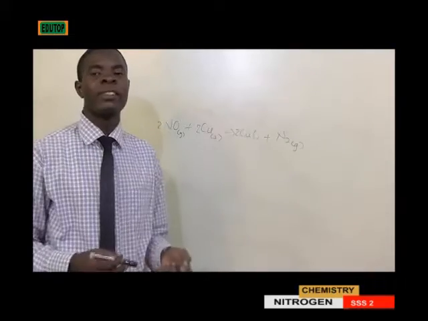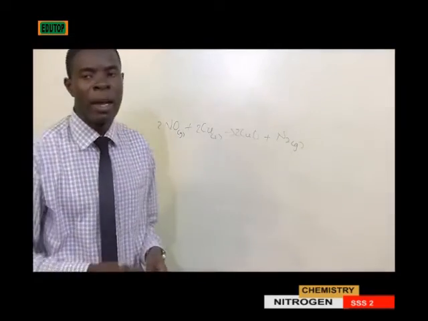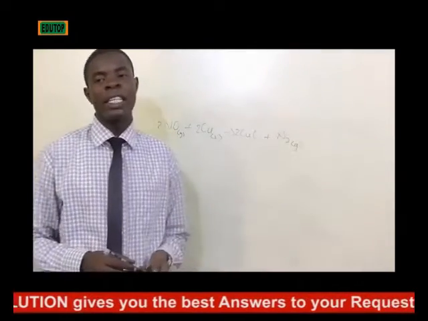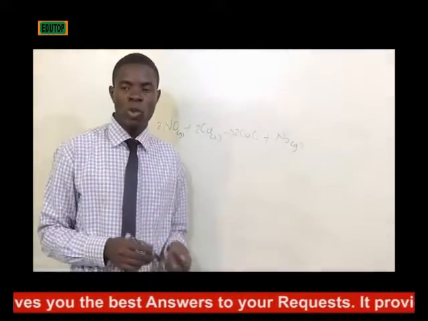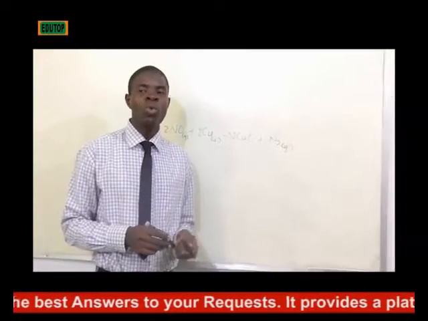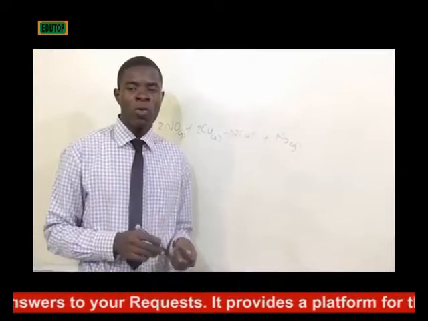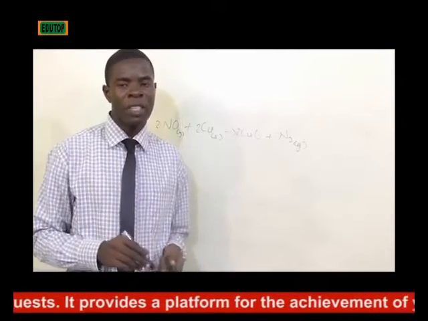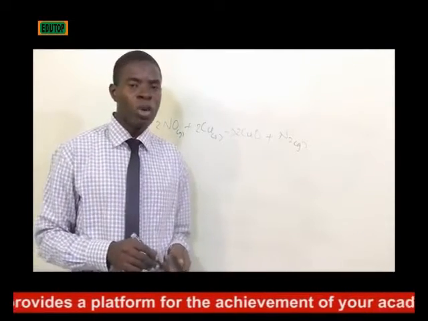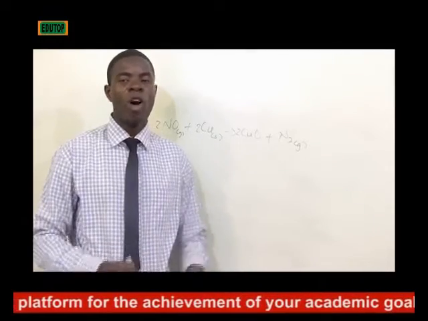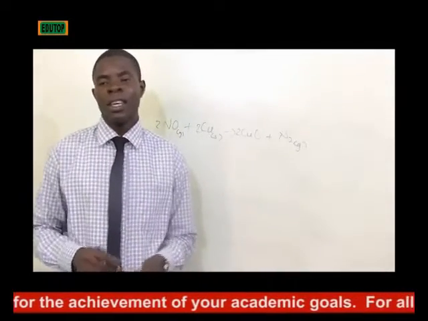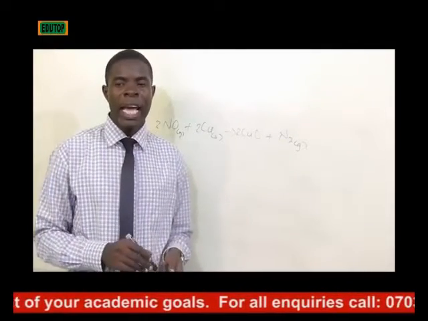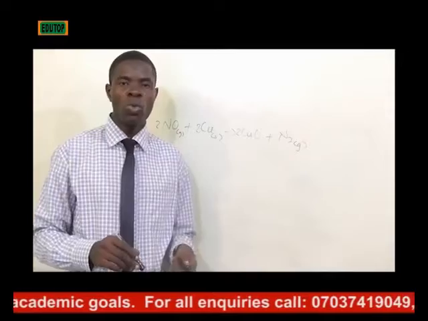Test for nitrogen 2 oxide. The distinctive test for nitrogen 2 oxide is by pouring a solution of iron 2 tetraoxosulfate 6, which has been acidified with little dilute tetraoxosulfate 6 acid, into a test tube containing the unknown gas. If the solution turns dark brown, then the gas is nitrogen 2 oxide.